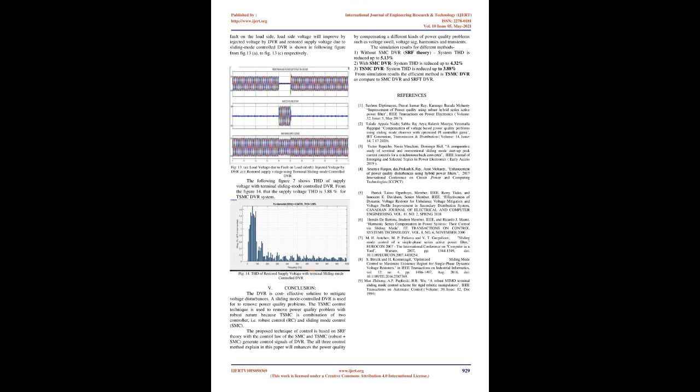With SMC DVR, system THD is reduced up to 4.32%. 3. With TSMC DVR, system THD is reduced up to 3.88%. From the simulation results, the most efficient method is TSMC DVR as compared to SMC DVR and SRF DVR.